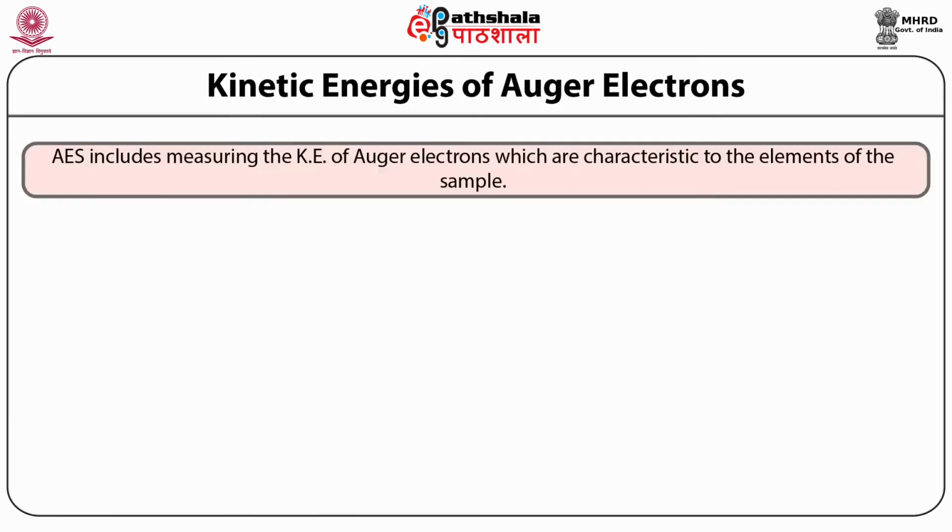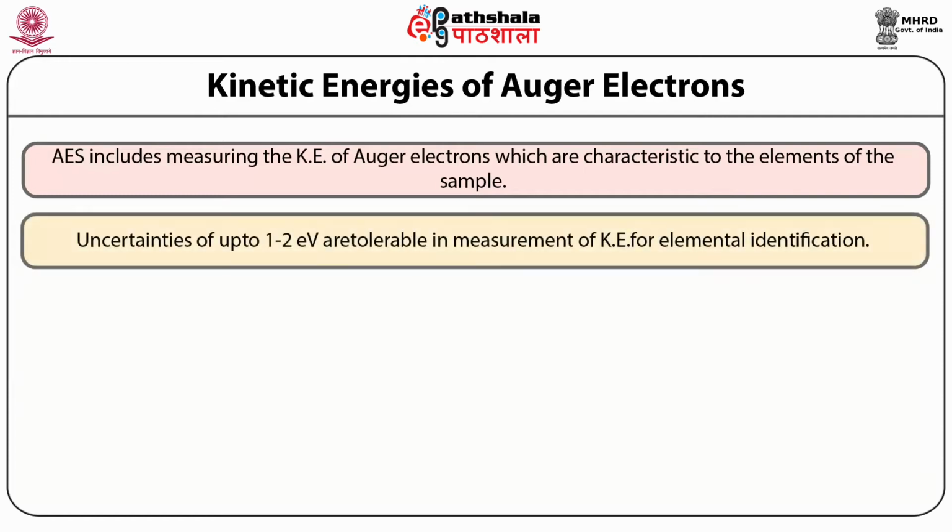AES includes the measuring of the kinetic energy of Auger electrons, which are characteristic of the elements of the sample. Uncertainties of up to 1 to 2 electron volts are tolerable in the measurement of kinetic energy for elemental identification.